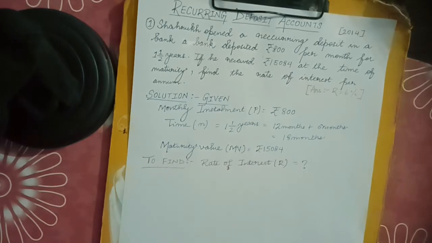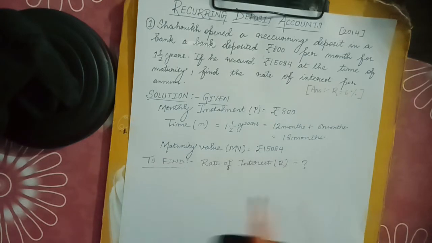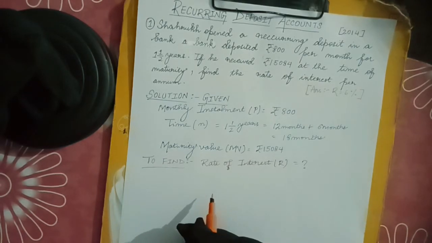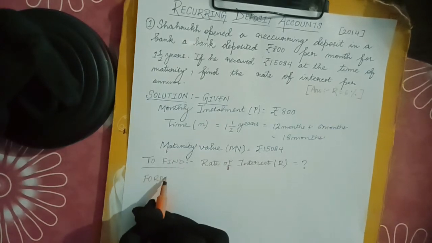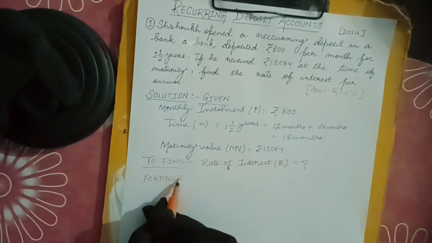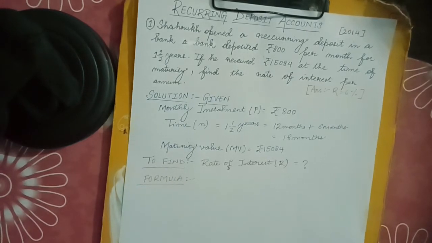Now, as we know, since it is a question of recurring deposit account, the formula we would be applying would be of recurring deposit account. Since there are only two formulas in this chapter, in this topic, we'll use the first formula, that is for interest.